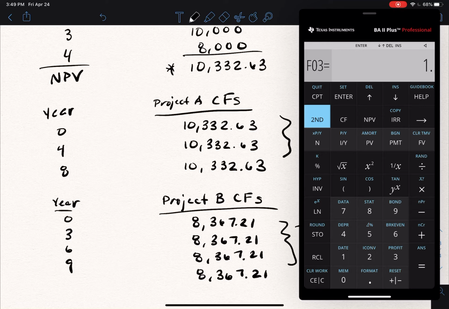Oh, here we go. Cash flow year 4, 10,332.63, enter. All right. Cash flow at year 5, we have to keep hitting enter to get it to keep going forward. 6, enter. 7, enter. 8, and we do it one more time.